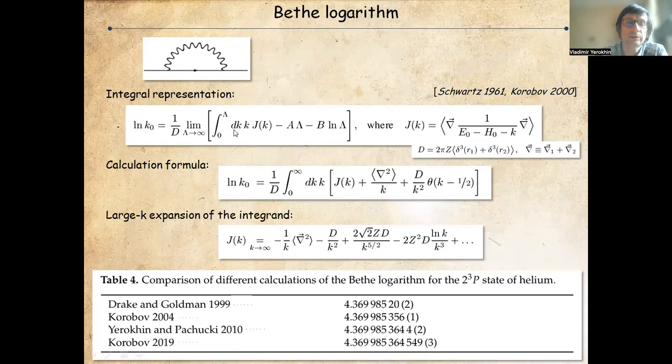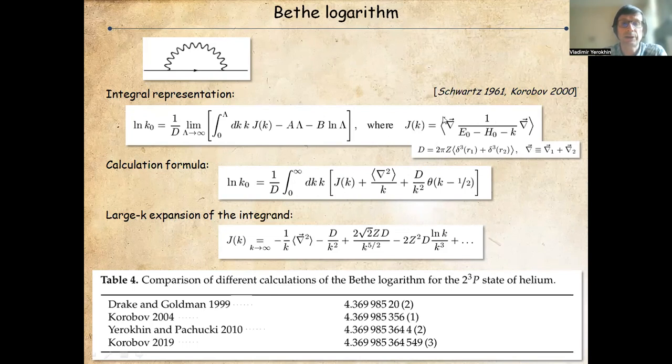So the integral goes over the momenta of the virtual photon in the self-energy loop, from which we subtract the ultraviolet asymptotics. So essentially this is the method of calculation.